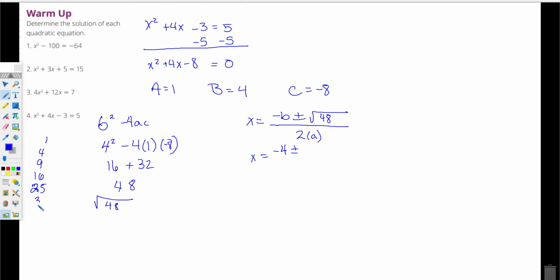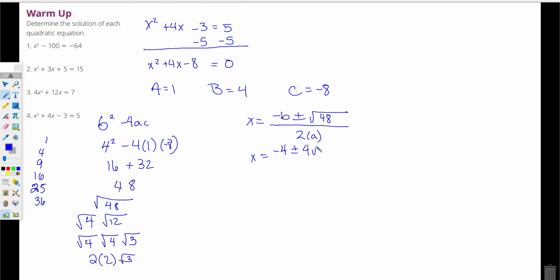25, 36. Well, I know a 4 lives inside there, so square root of 4 times the square root of 12. Well, a 4 lives inside that square root of 12. And so 2 times the square root of 3.